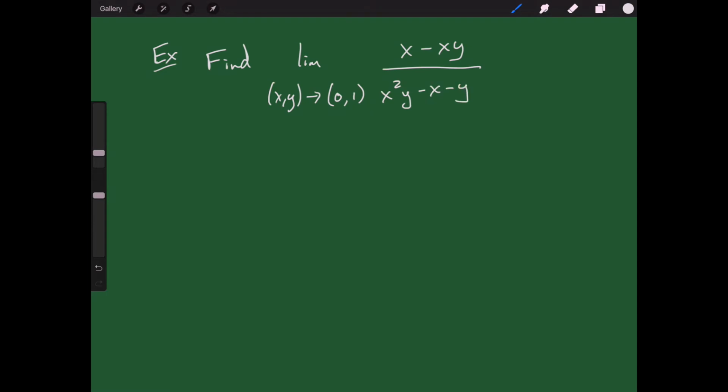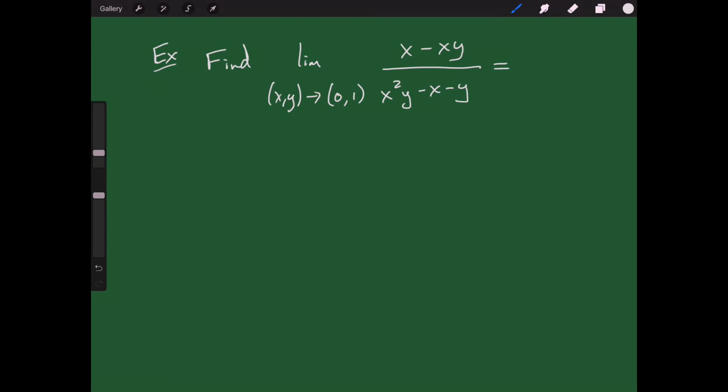So let's find the limit as (x,y) approaches the point (0, 1) of (x minus xy) divided by (x squared y minus x minus y).